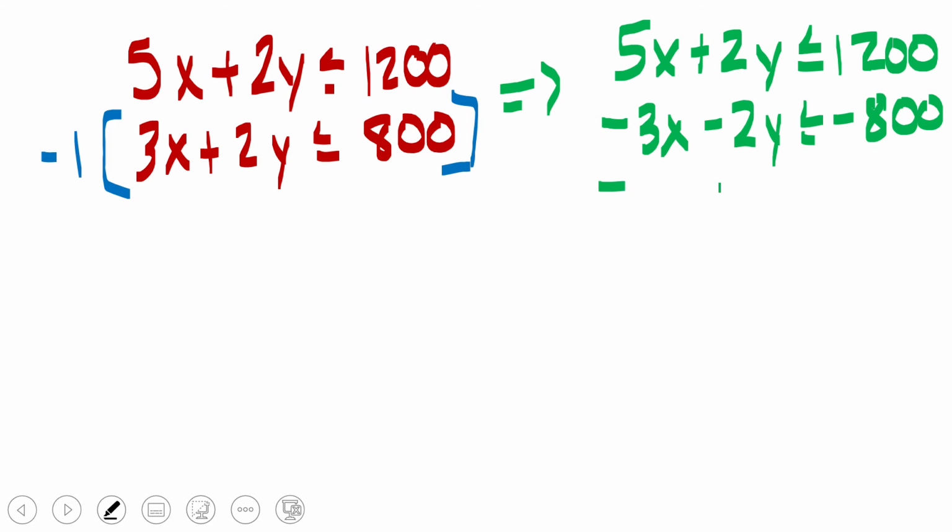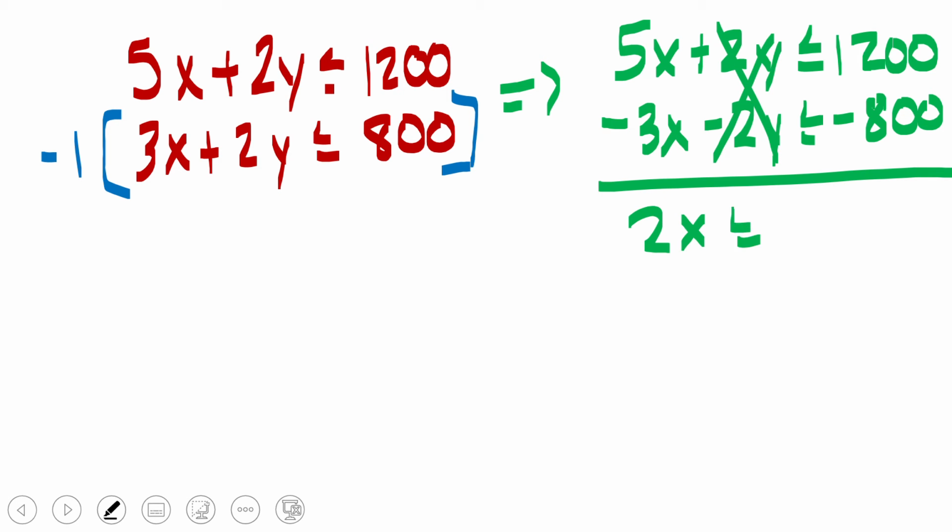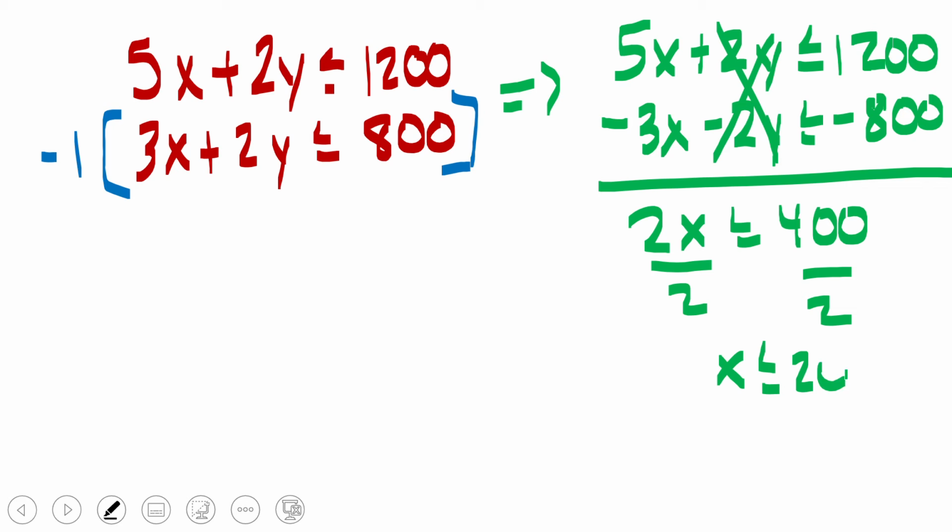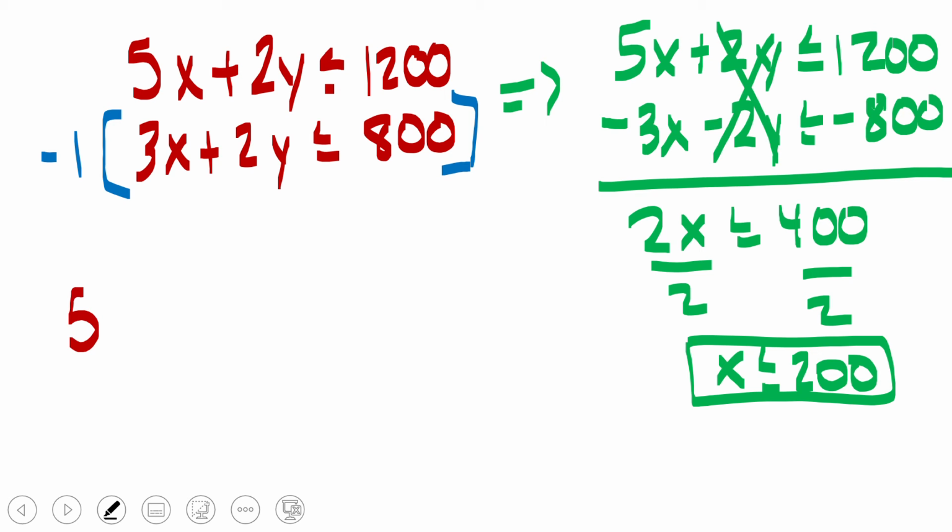Okay, these go away. We have 2x is less than or equal to 400, and then we will get x is less than or equal to 200. Plug our x in for the first equation, x at 200. We'll solve for y.